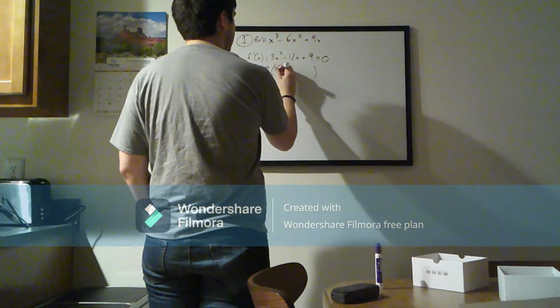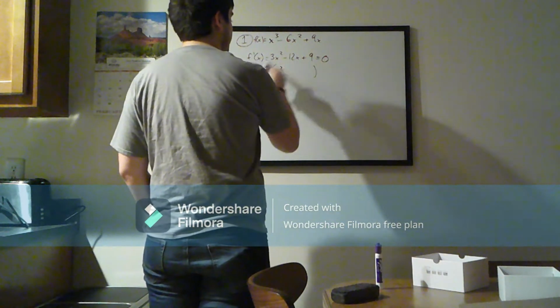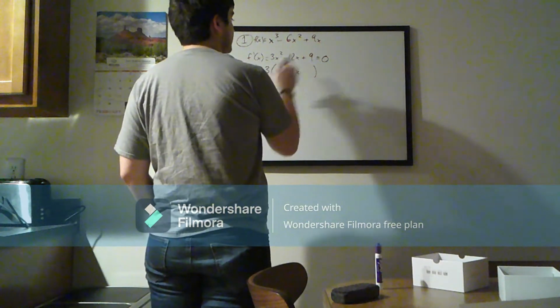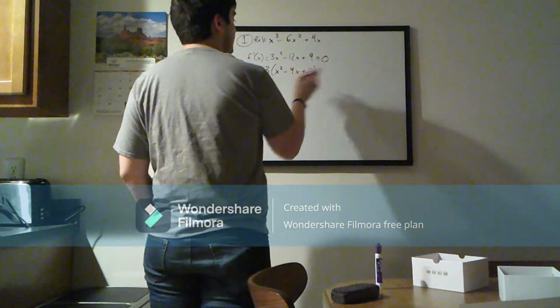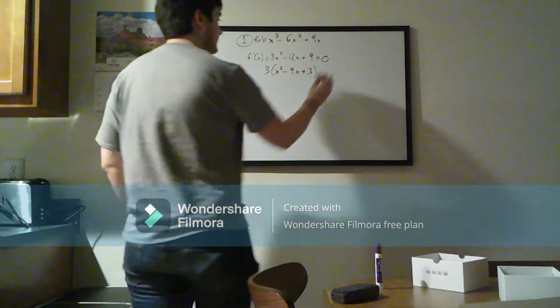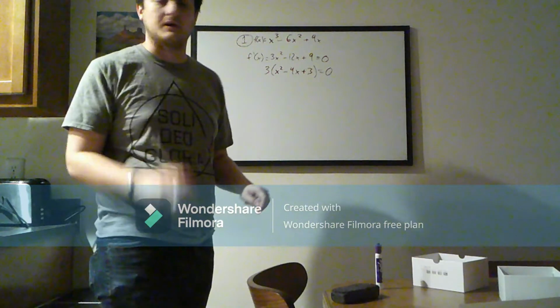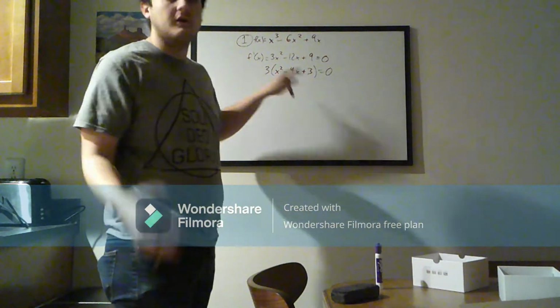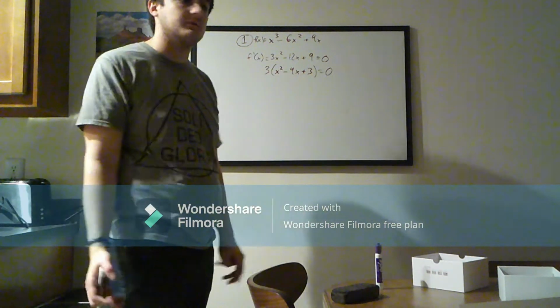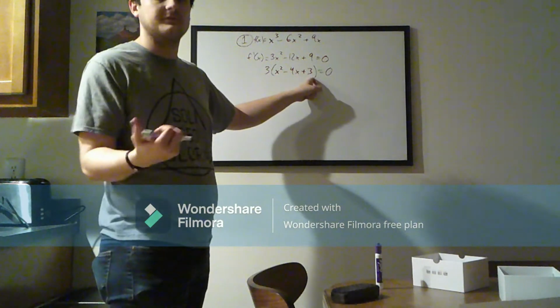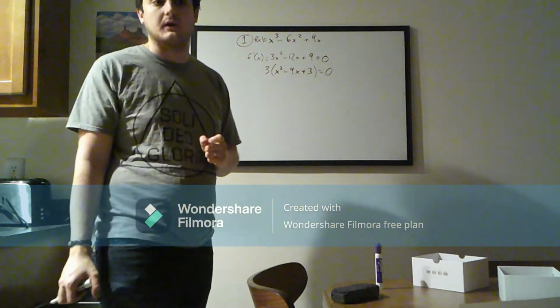So we're going to get x squared. 3 times what gives me 12? Well, that's 4. And 3 times 3 gives me 9. And so we get this. So I just rewrote my expression. It's the same thing, but I factored a 3 out. Okay? This polynomial we can actually factor further. What needs to happen is I want two numbers that multiply to give me positive 3 but add up to give me negative 4.